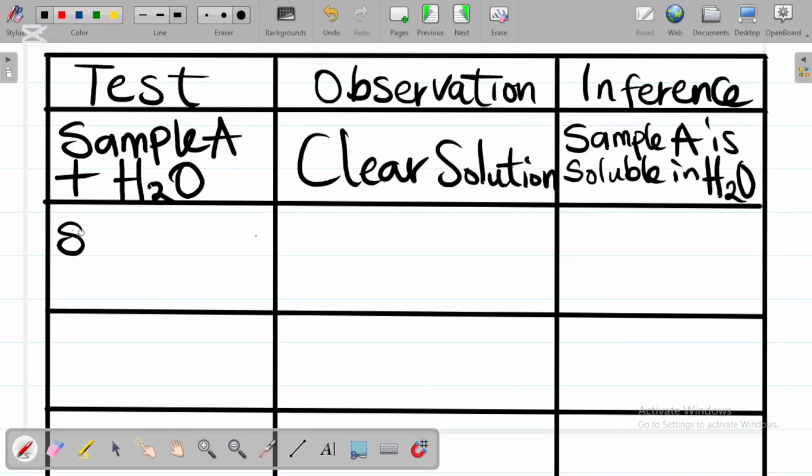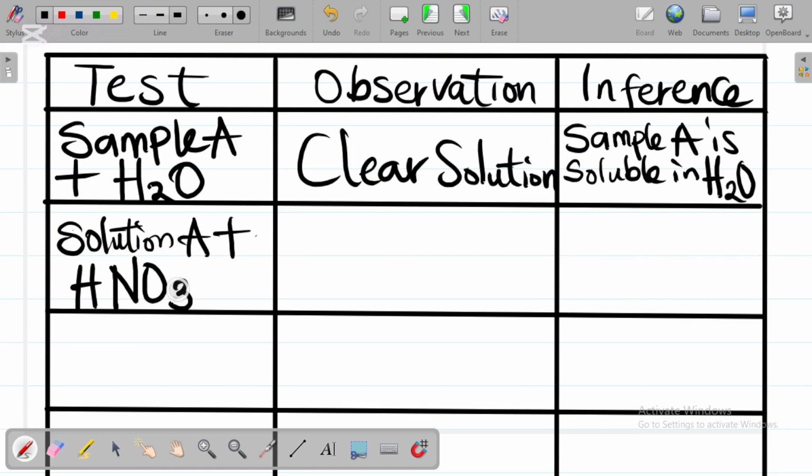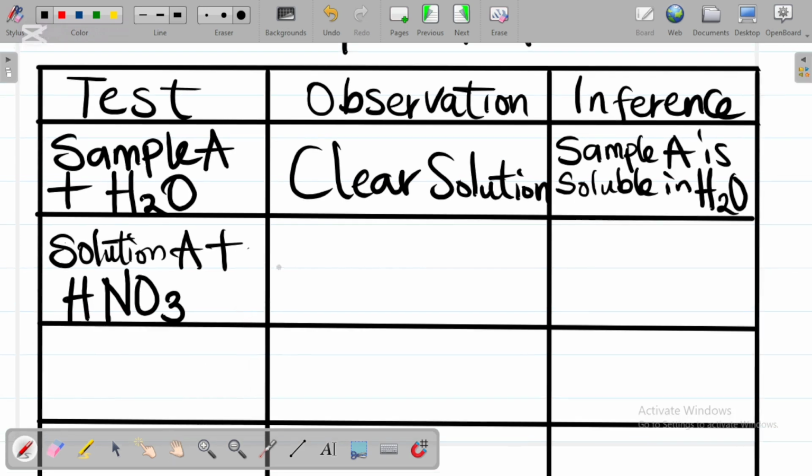So we have here solution A plus nitric acid. And the observation is a clear soluble solution.